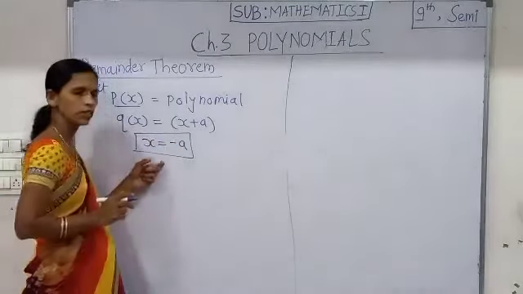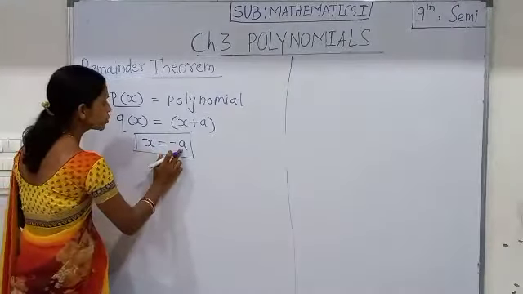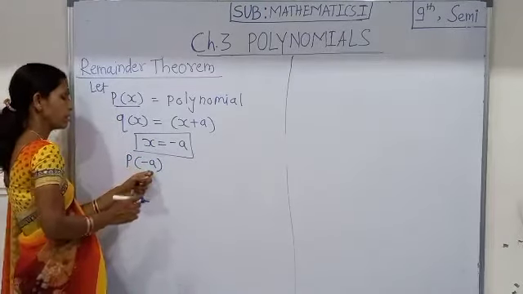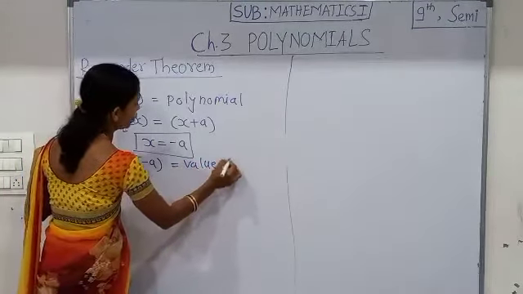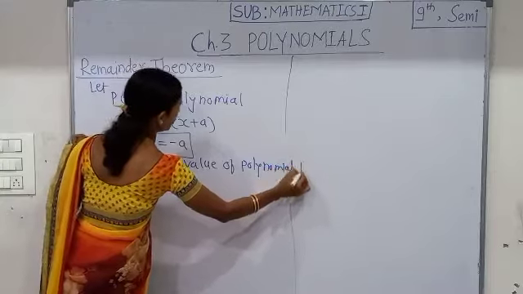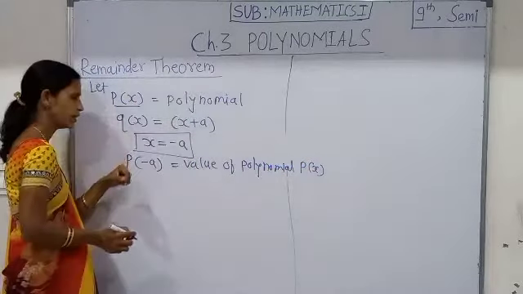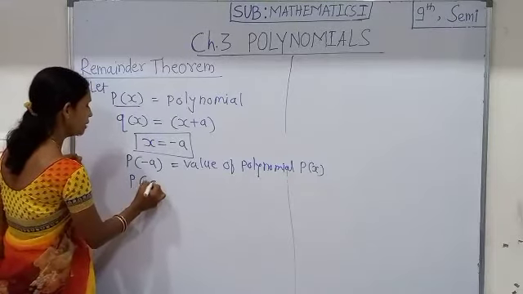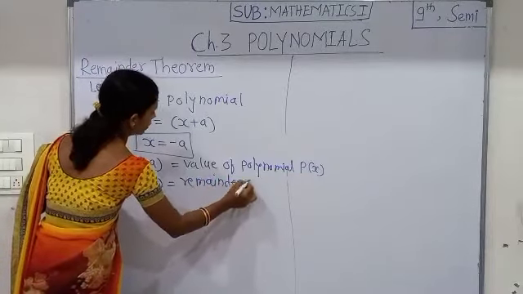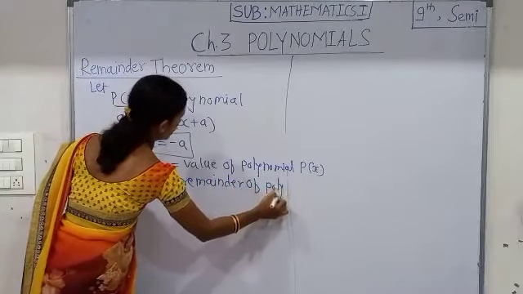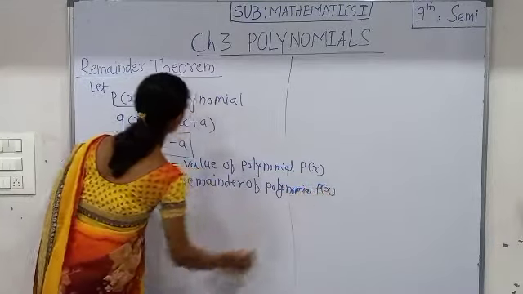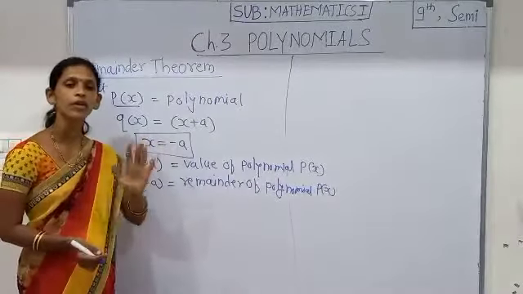That means for x equals minus a, P(minus a) is the value of the given polynomial P(x), and P(minus a) is also the remainder of the polynomial P(x). That is the remainder theorem.